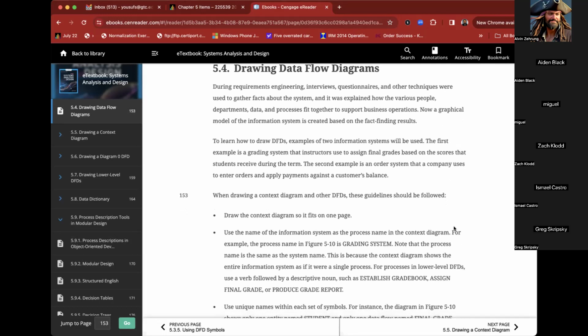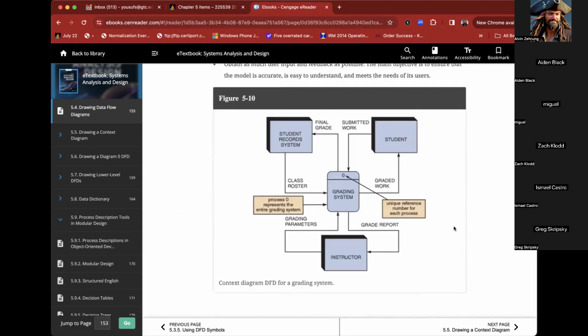Using all that information, what you need to do now is sit down and say, I am designing a grading system. On this grading system, the following people will be working: students, the student record system, and the instructor. These are the three external entities that will work on my system.